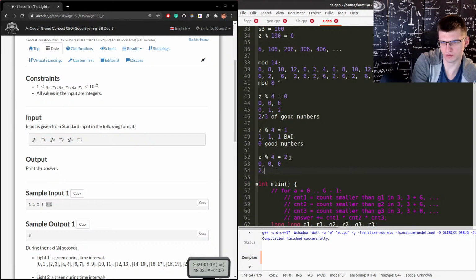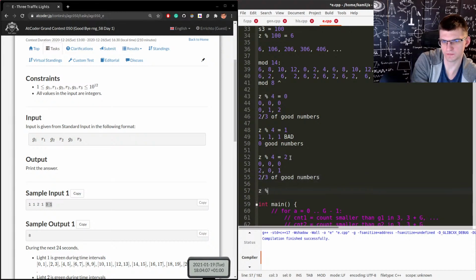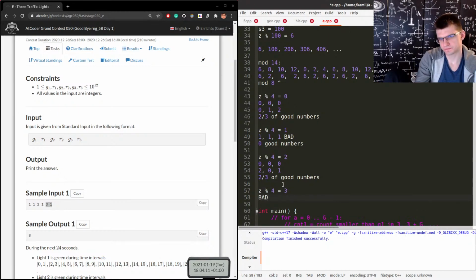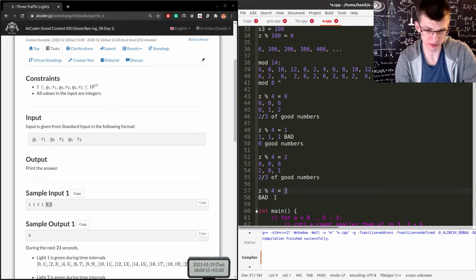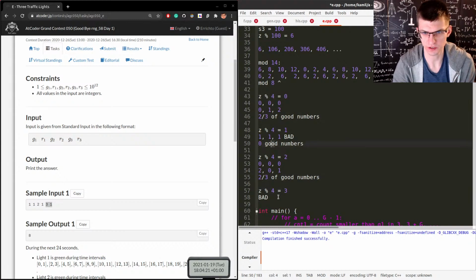Right, no, 2 is the first one. 2/3 of good numbers. And finally, this is bad, because the last remainder needs to be smaller than 3. We have 2/3, 2/3, 0 and 0. The average of that will be 1/3.